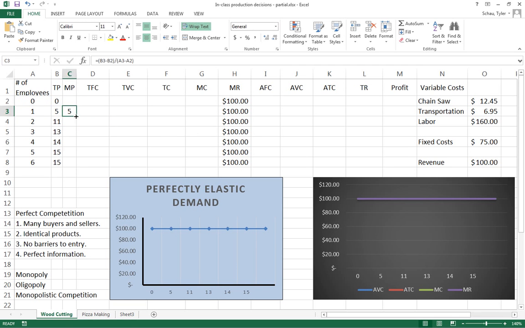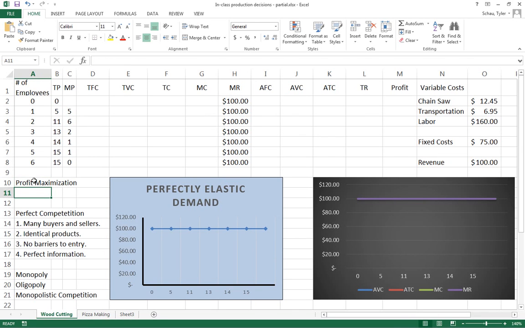And then we add the second employee and we get a marginal product of 6, okay, because it increased from 5 cords of firewood to 11. Add the third and we get a marginal product of 2, and then 1, and then 1, and then the last guy doesn't bring us anything. We know enough, the whole purpose of this assignment is profit maximization.